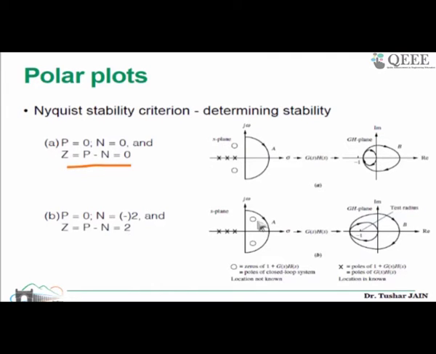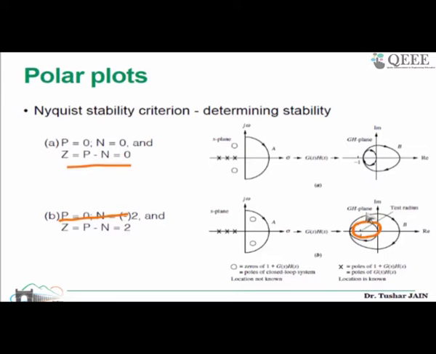Now, in the next example, what does it say about the poles of the closed loop system? P is the number of poles on the right hand side of the open loop, so my P is 0. If I see the number of encirclements in the GH plane, it shows 2 clockwise encirclements.